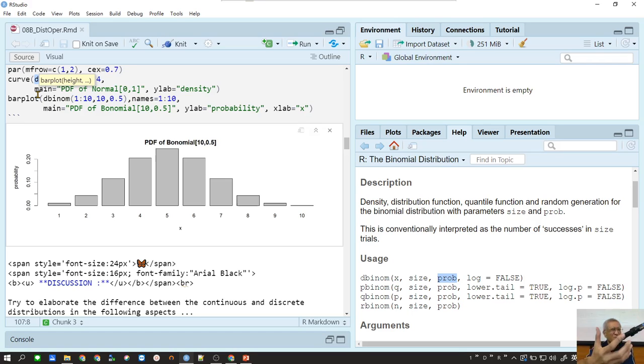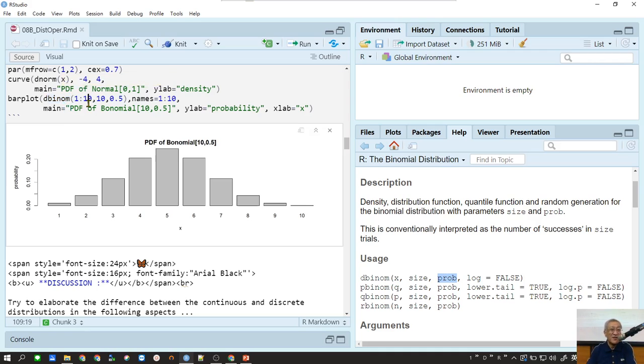It's very difficult to calculate probability directly from the d function for a continuous distribution. But for a discrete distribution, you can get the probability directly from the d function. You get me? So they are used differently. They're just a little bit complicated.